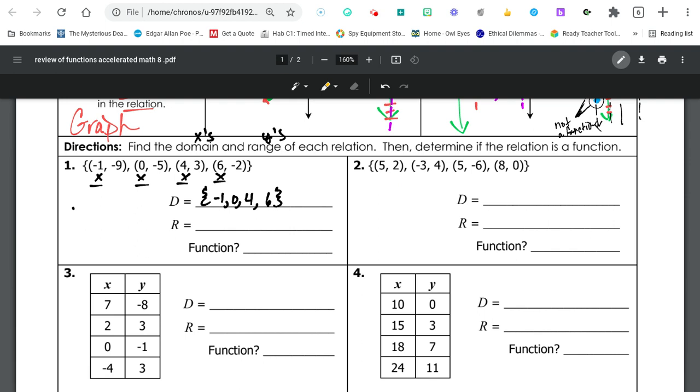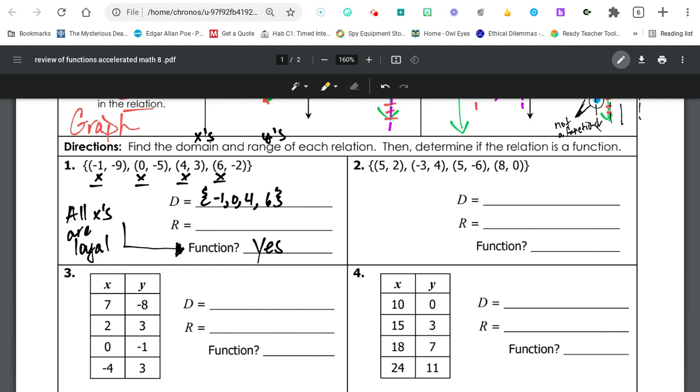Does -1 repeat as an x? Does 0 repeat as an x? 4 or 6 repeat as an x? No. All of your x's are being loyal. So if every x is being loyal, yes, it is a function. All x's are loyal. So yes, it is a function.